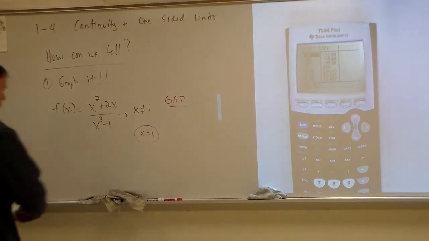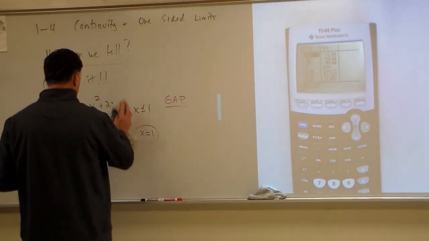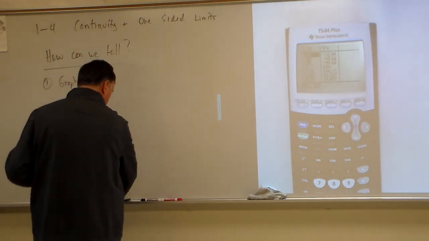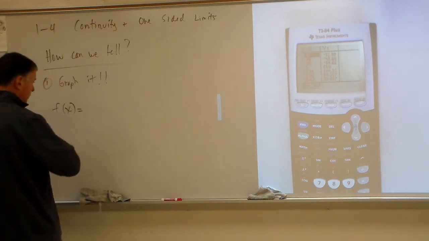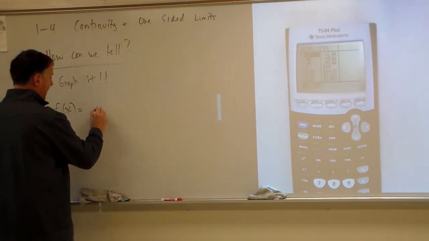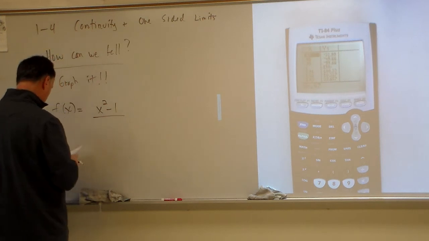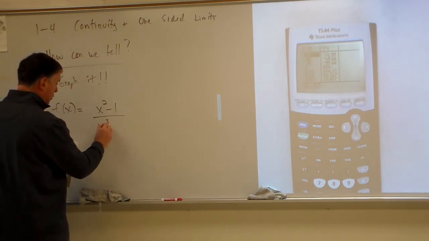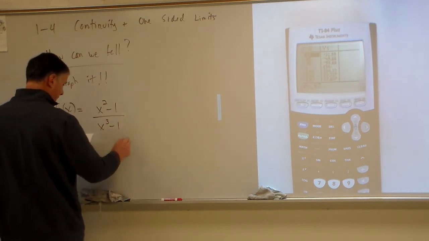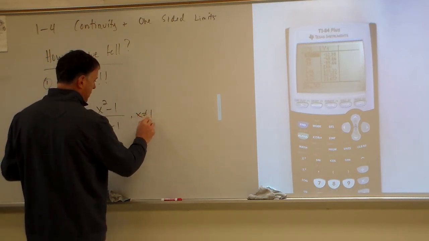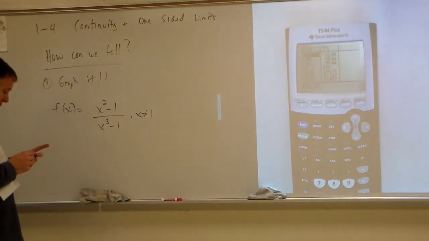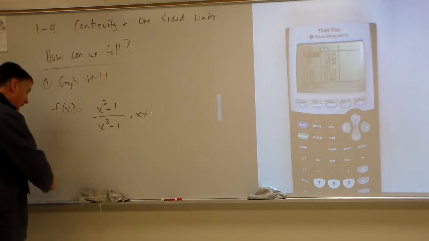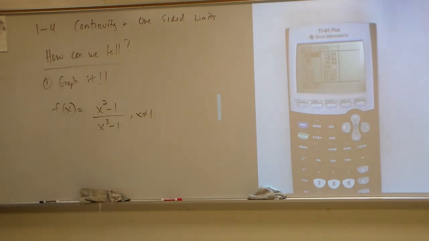I think I have another one. Let's erase this one and write this one down. Let's say I had x squared minus 1 over x cubed minus 1. Again, they're going to tell you that x can't be 1, so we want to investigate what's happening as we get close to 1.